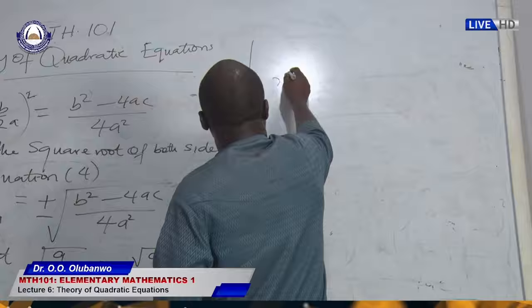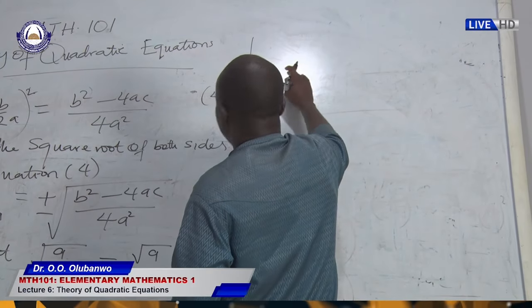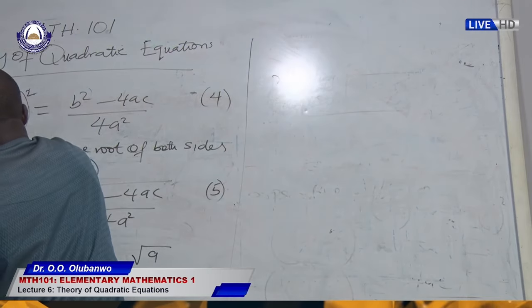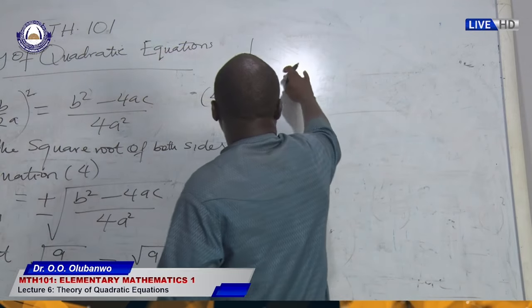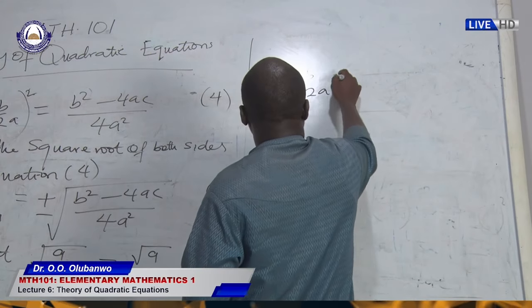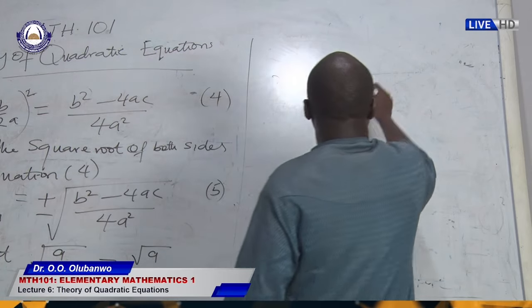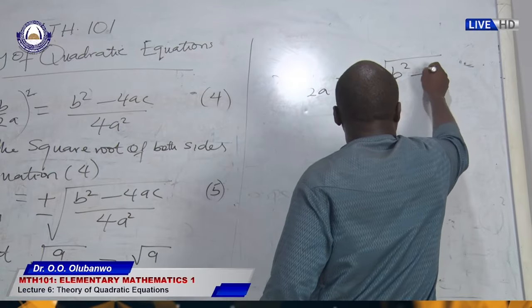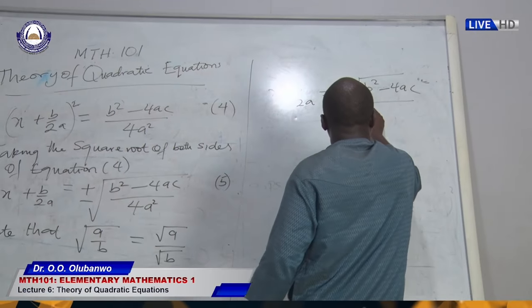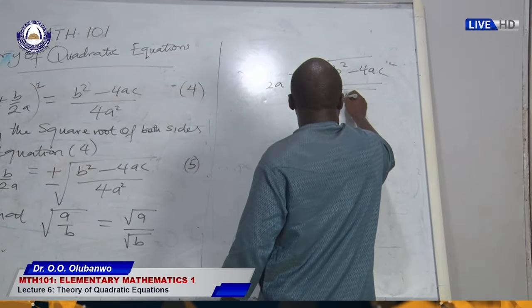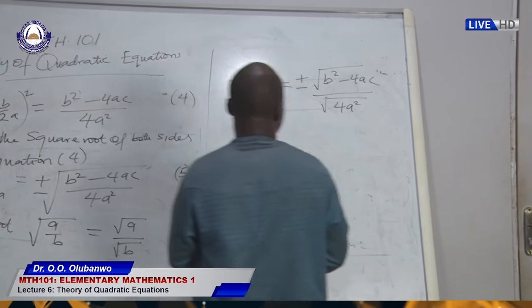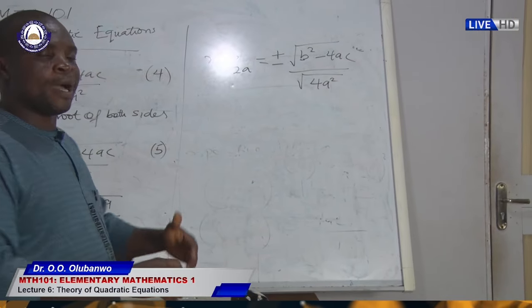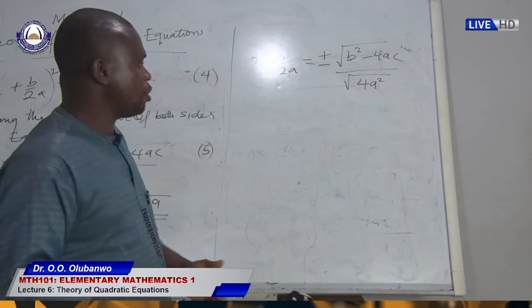So we have x plus b over 2a equals plus or minus the square root of b squared minus 4ac over the square root of 4a squared, which is allowed according to the principle of surds, which we have learned right from our secondary school.